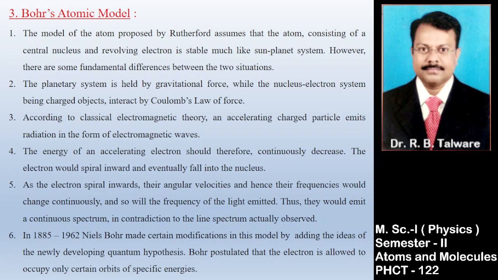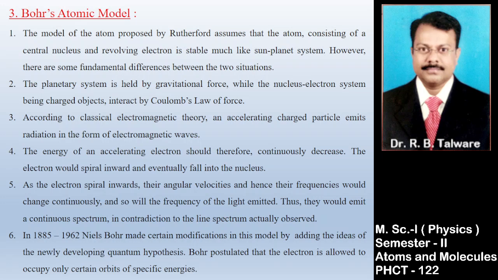That's why they fall into the nucleus. As the electrons spiral inward, their angular velocity and hence their frequencies would change continuously, and so would the frequency of light emitted. Thus they would emit a continuous spectrum, in contradiction of the line spectrum actually observed.